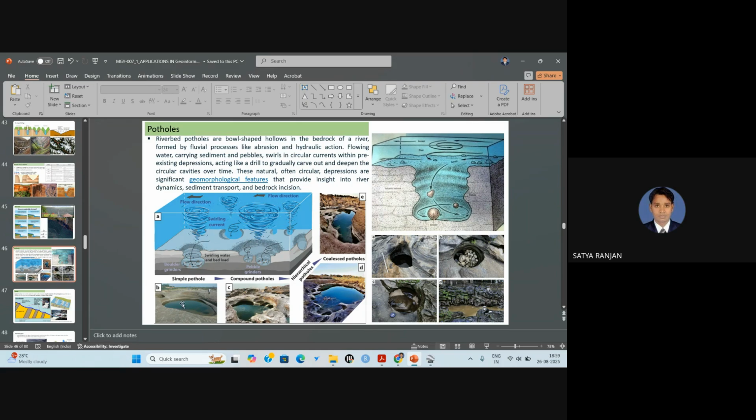After that, these rocks are eroded. So these are called potholes. It is an erosional surface in the river area. Basically, it is found in the upper areas of the rivers, because in the lower area no rocks are found, only sand. You may have seen this type of holes at different sites in different areas.